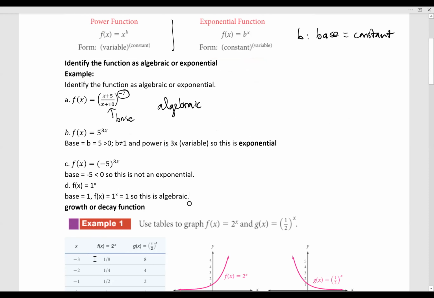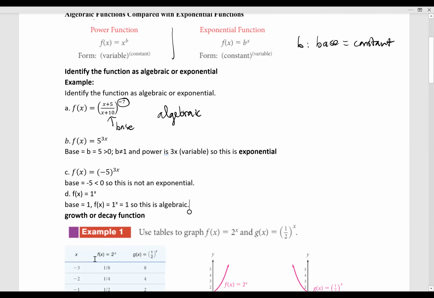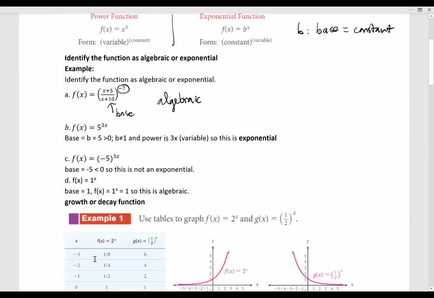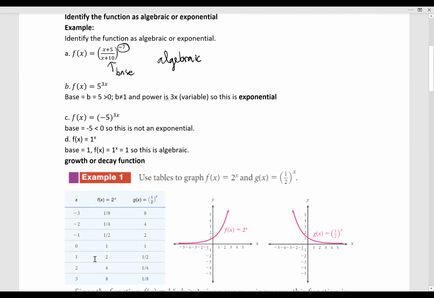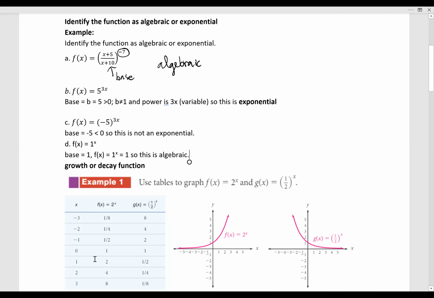All right. Now I'm going to talk about growth and decay functions. Let's do an example. I would like to graph the function f(x) = 2^x and g(x) = (1/2)^x. I want to see how the graph looks, and then make a decision whether it is growing or decaying.